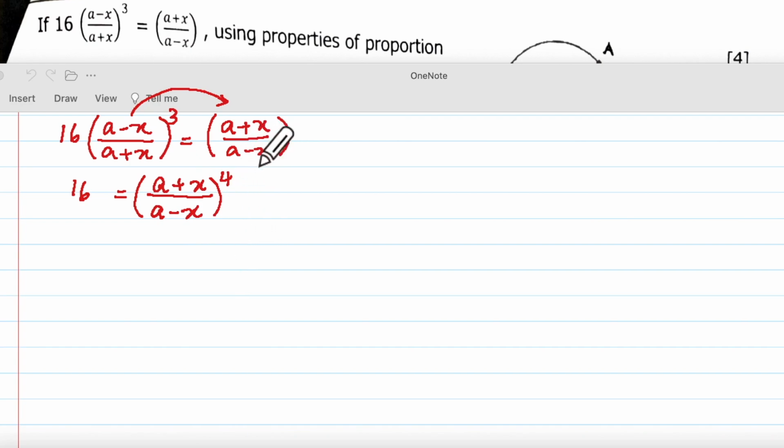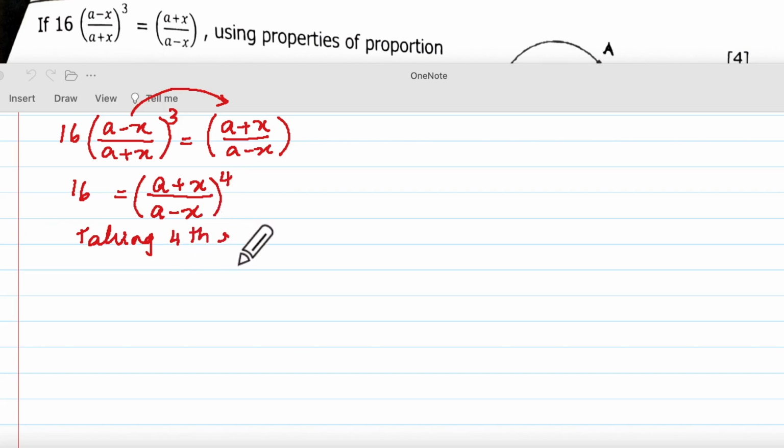Now you could have taken this bracket here and 16 this side, but in that case you would have got a minus sign in the numerator, and then to do the componendo dividendo you would have got negative terms. So this way is better, to keep the positive term in the numerator. That means A plus X should be in the numerator.